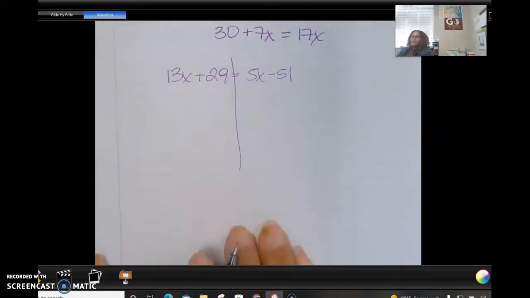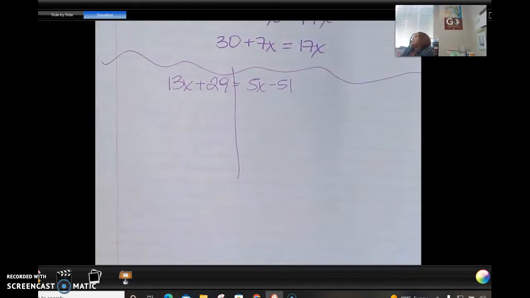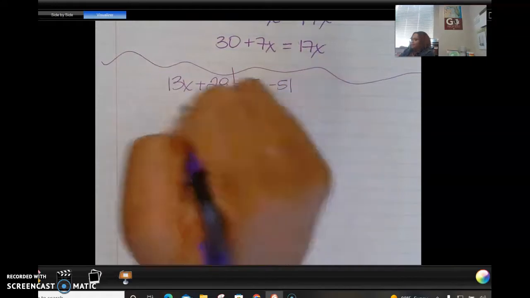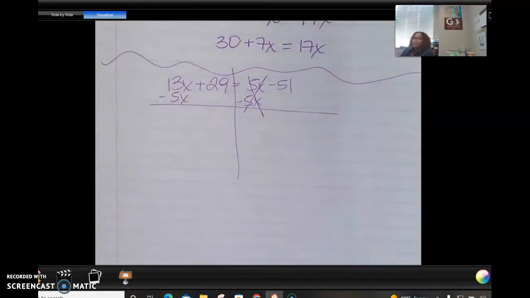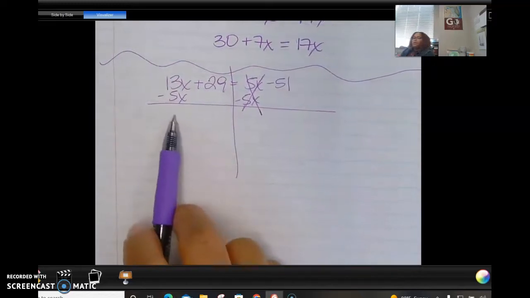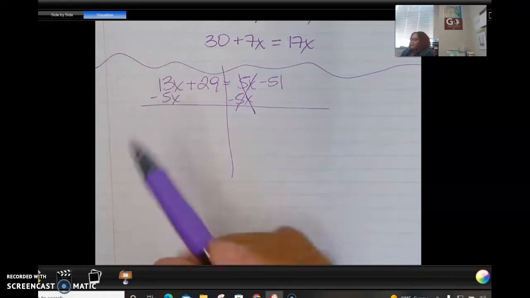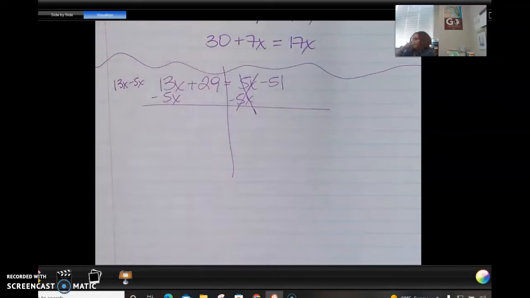Separate your sides. Who can I get rid of first? All right, negative 5x on both sides. The 5x's cancel out. What's on the left? 13x minus 5x equals what?